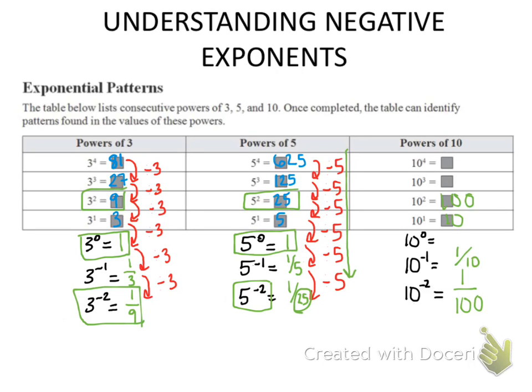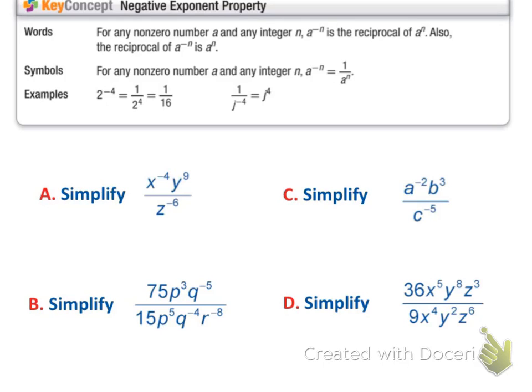Okay, so the rule for exponents is that anytime you have a negative exponent, that negative exponent simply can be written as a fraction with a 1 in the numerator and the power in the denominator, except as a positive.